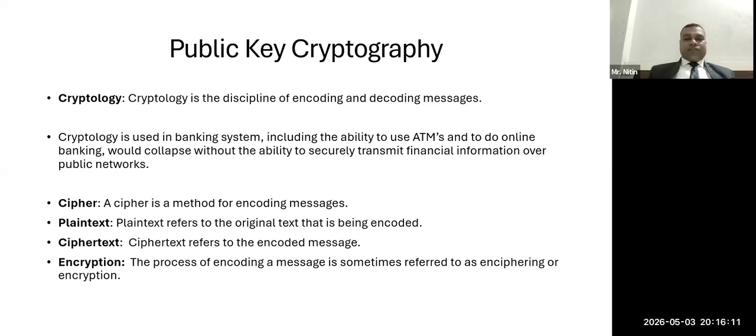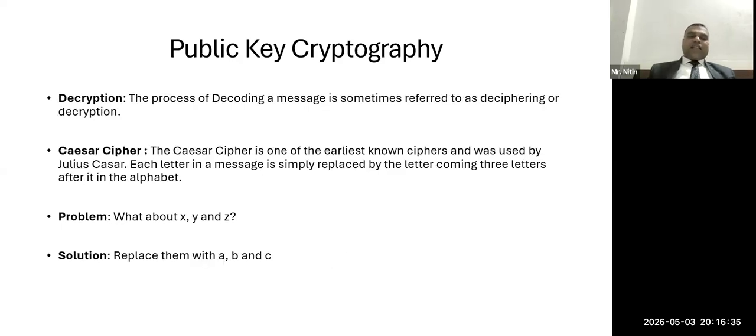So guys, these are the terms which we use in cryptography. Cipher is the method or process to encode the message or information. Plain text is the original message. Ciphertext is the encoded message or encoded information. Encryption is the process of converting data into an encoded message. Then decryption. We just now understood what is decryption.